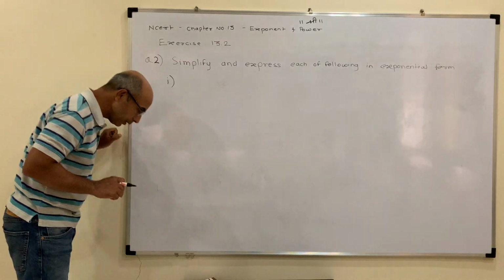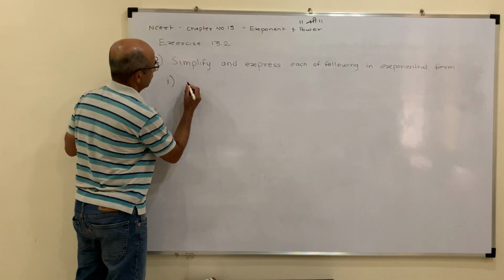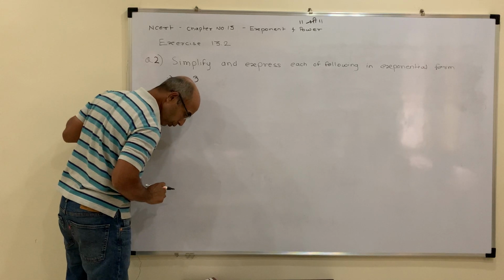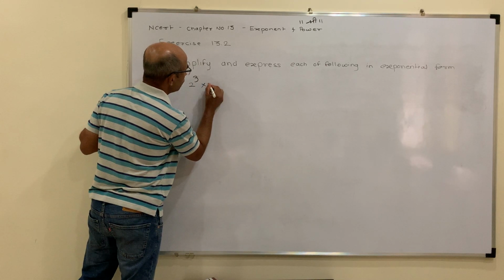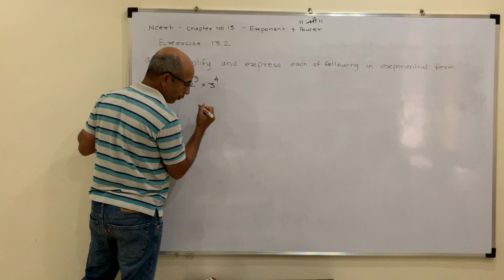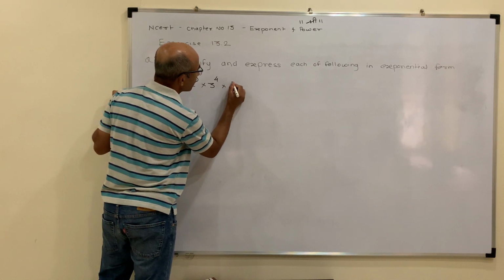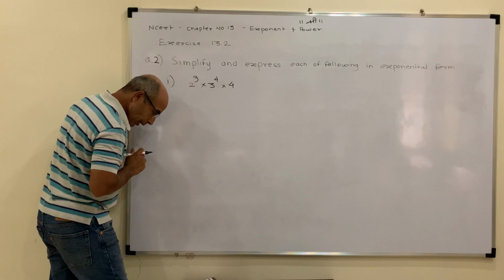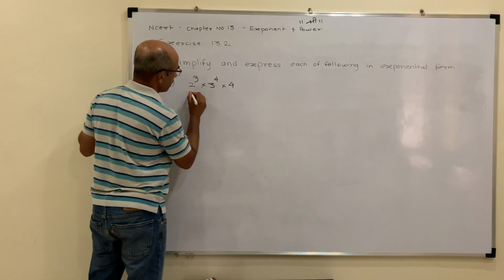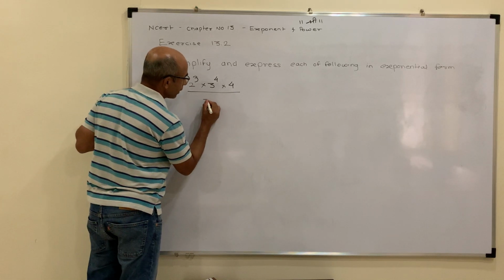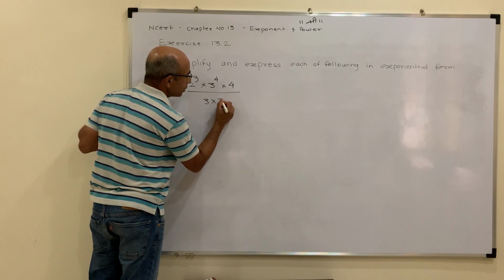So the first one: 2 cube into 3 raised to 4 into 4, divided by 3 into 32.